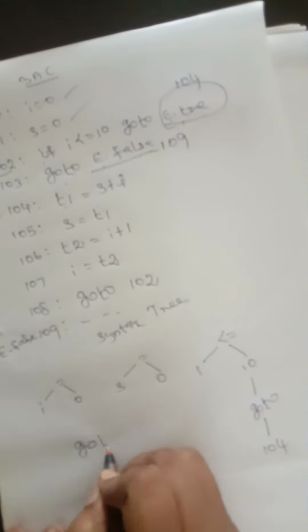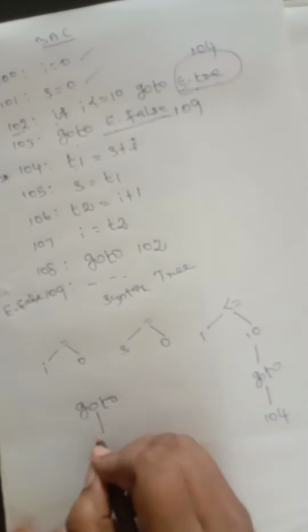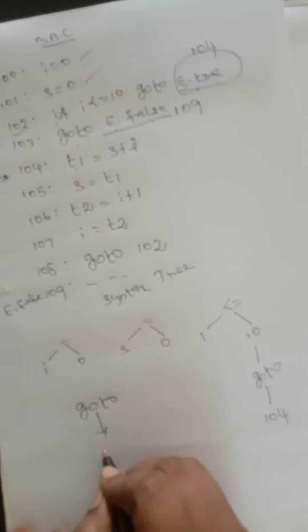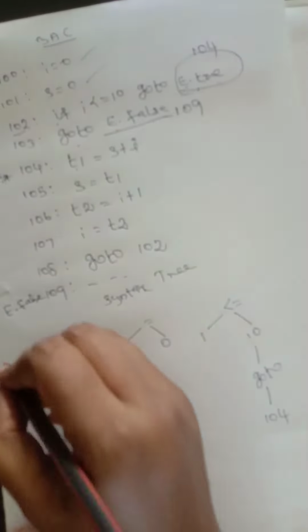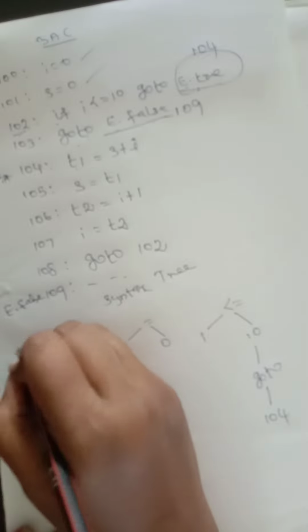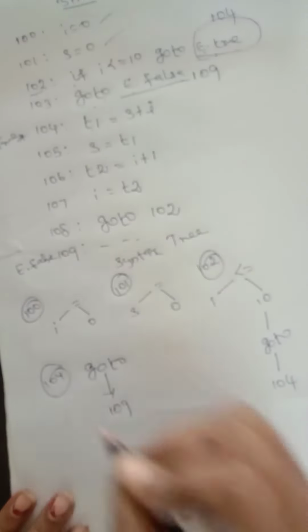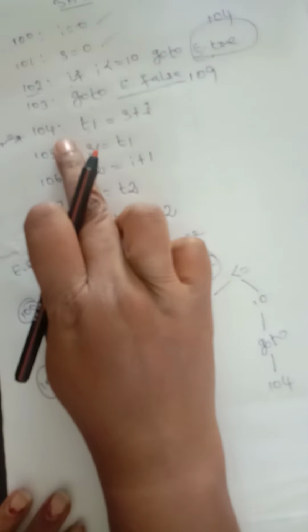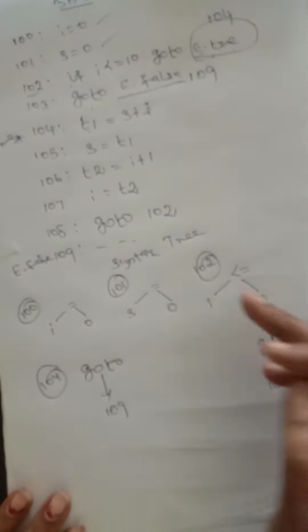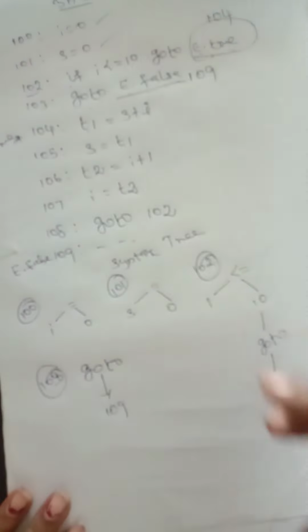Construct the tree. You just write go to line number 109. So this is the first statement, the 100th line. This is 101, this is 102, this is 103. Next, 104.